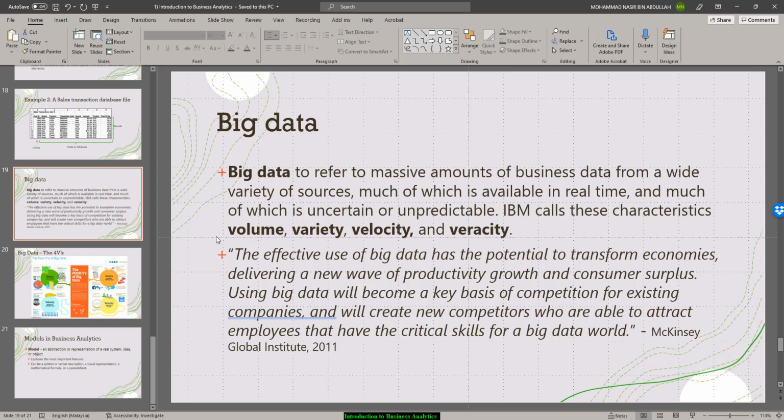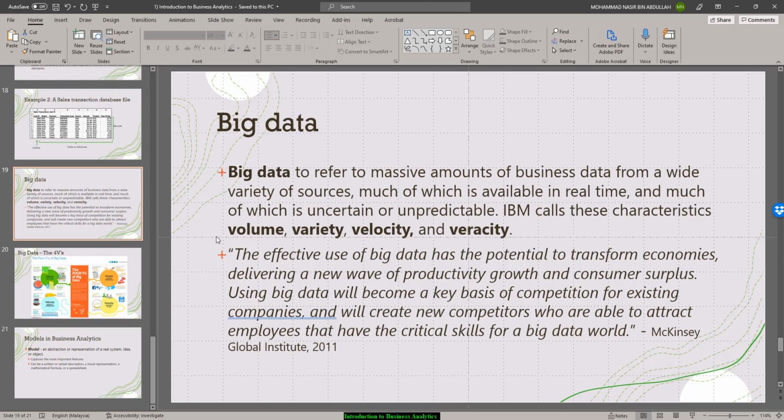And normal computers would not be able to compute the data, because it has a very large amount of data and it might slow down your computer. So what is big data actually? In scientific definition, it refers to a massive amount of business data from a wide variety of sources, right? It is available in real time, right?